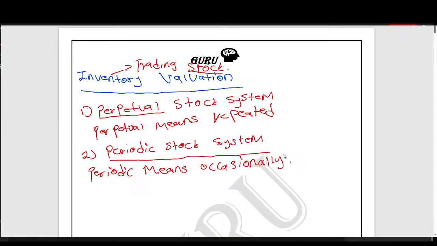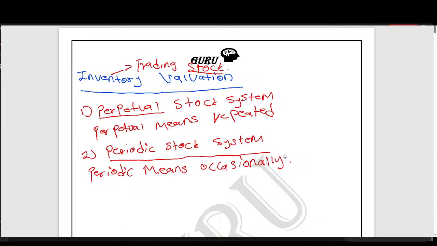So we are going to take that book and calculate our cost of sales so that we can prepare our income statement. All right. Now, that is the difference between the perpetual and the periodic.